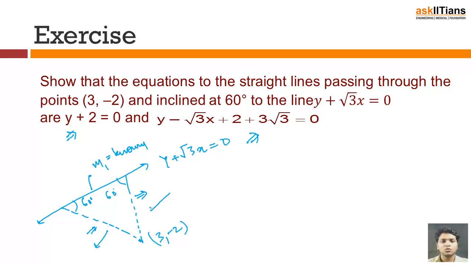So this is what we have to find out, and we will use the equation tan theta is equal to mod of (m2 minus m1) upon (1 plus m2 into m1). In this equation, I know the value of theta and one of the slopes, so one variable will remain and I can find that very easily.